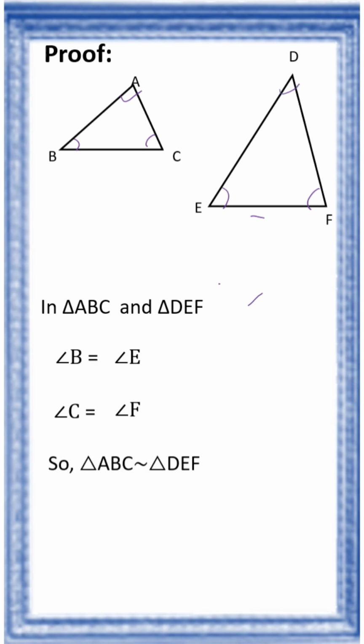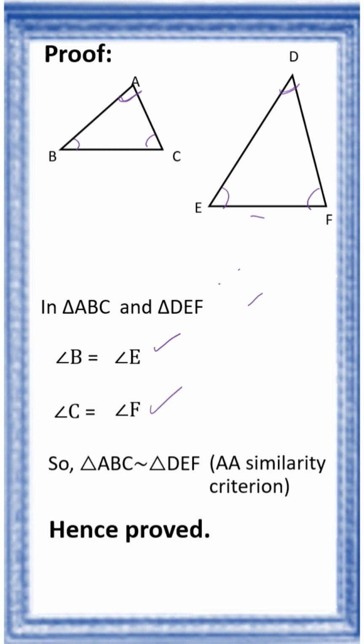So triangle ABC is similar to triangle DEF. Why? Angle similarity criterion. If you want, you can add this criterion also. Hence proved. I hope you have understood all the three theorems very neatly.